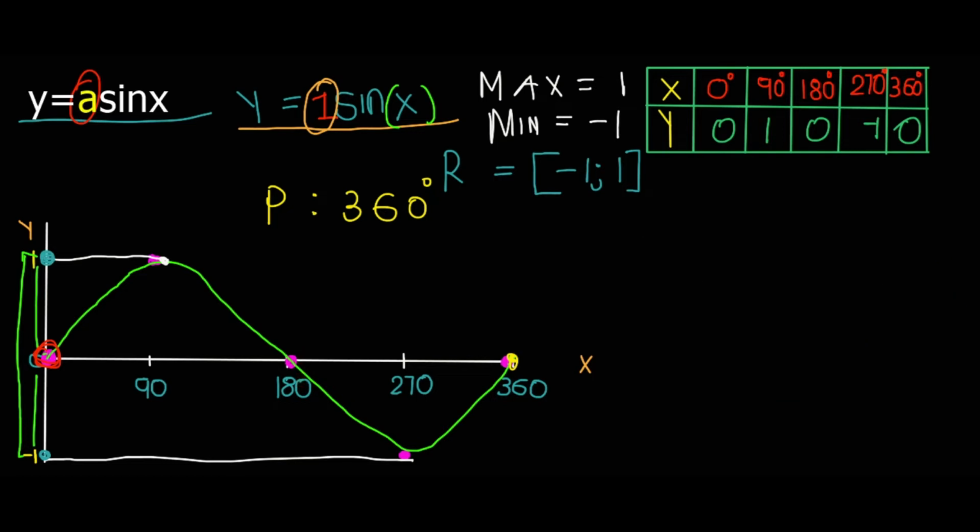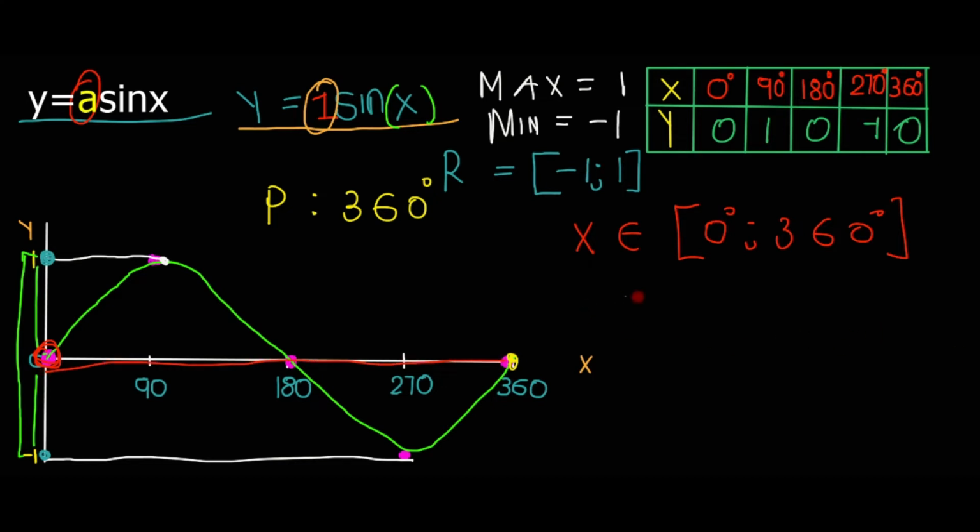And then another thing you already discussed is the domain. Actually, the domain is where your graph starts and ends for the x. Looking at our graph, it starts at 0 and ends at 360 degrees. So we say x is an element of 0 degrees and 360 degrees, meaning our graph includes the points of x.